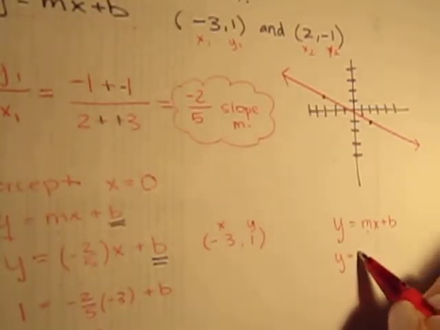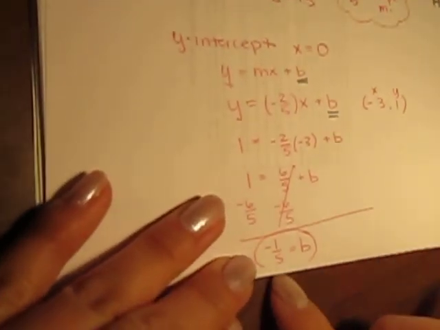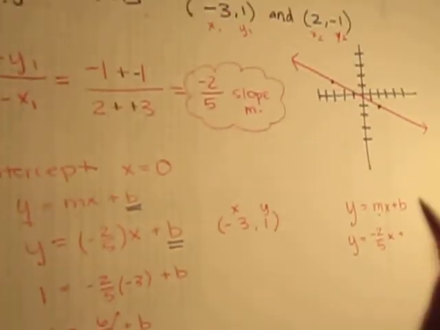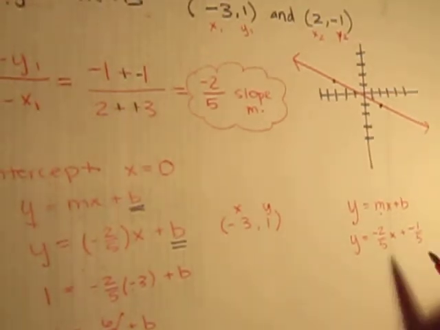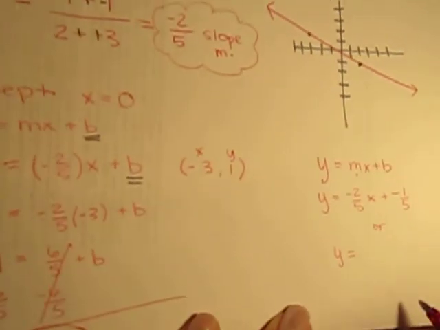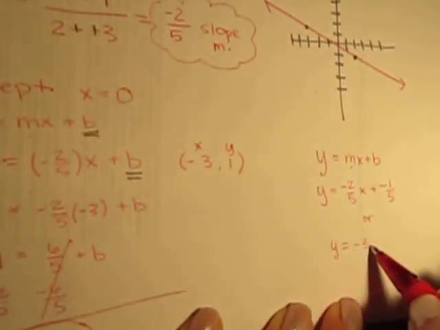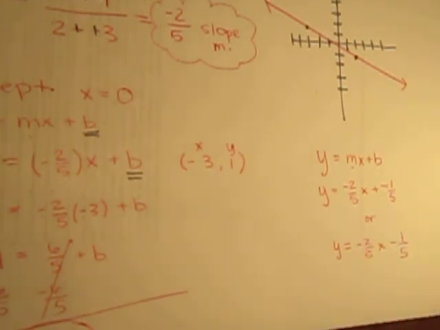For slope, we said -2 over 5 x plus, and we just found that b was -1/5, so plus -1/5. Or we might say y equals -2/5 x minus 1/5. Same thing. Okay, get these notes down and then we'll practice using these concepts in class.